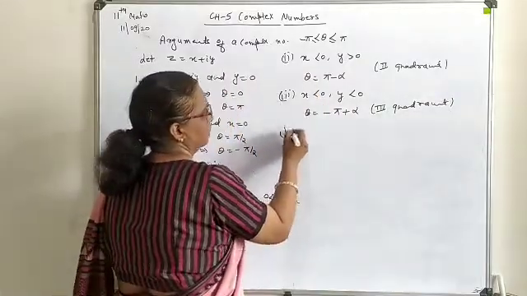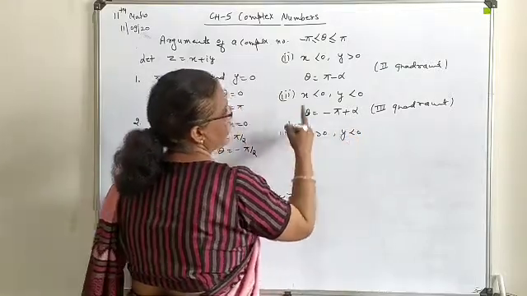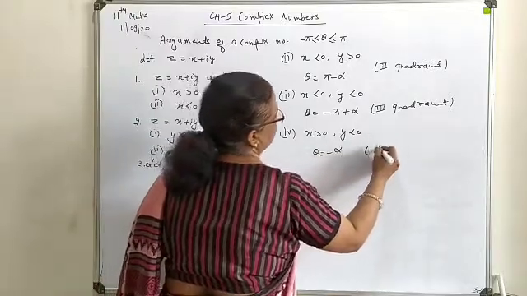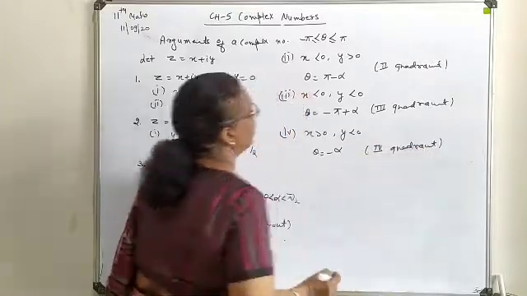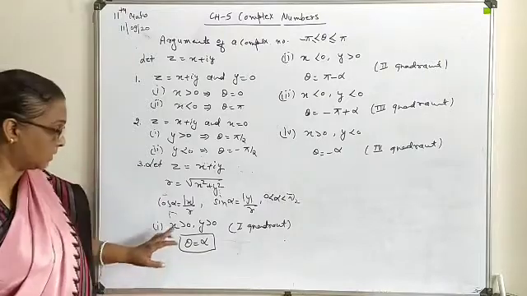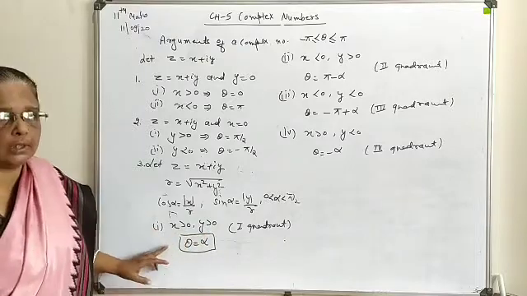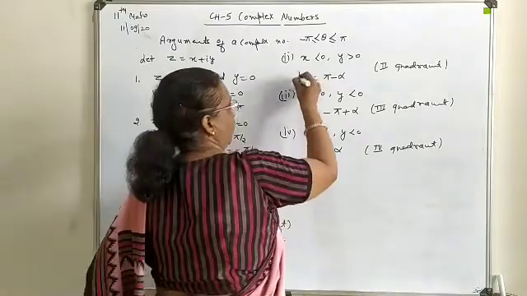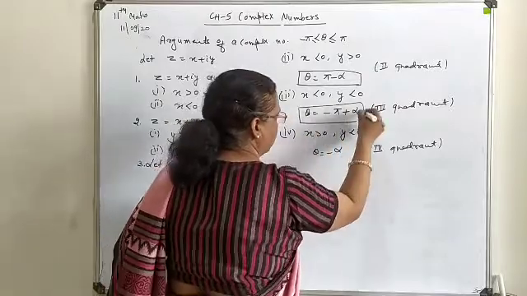Now the last one, when x is greater than 0 and your y is less than 0, at that time theta you will evaluate as minus alpha, means it is with respect to the fourth quadrant. So this way, as per the signs you are having with respect to x and y, you can define your theta, and this theta you will consider as the argument. So these all points are very important before you go for writing your argument.